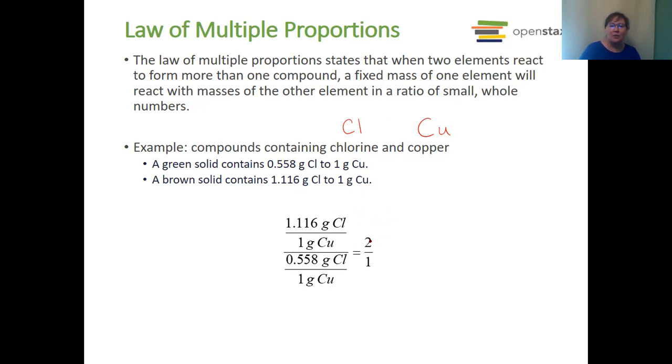And we get this 2 to 1. This 2 goes with this one, and this 1 goes here. So you could almost say that maybe you have a ratio something like this, and then a ratio of something like this.